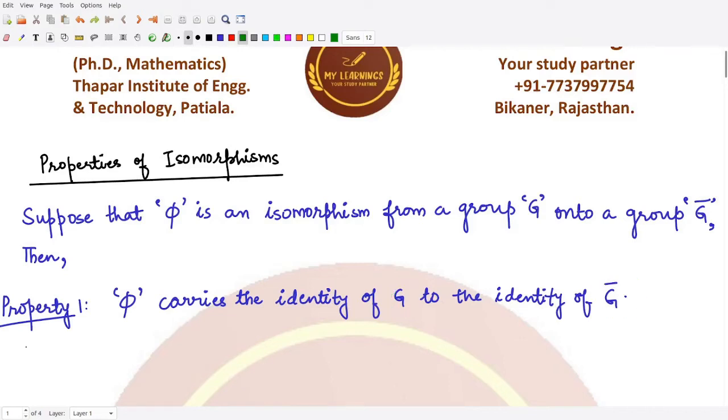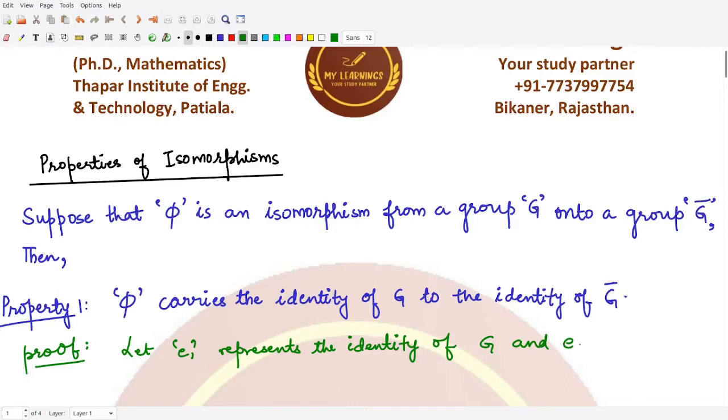So for the proof, let E1 represent the identity of G, and E2 represent the identity of the group G bar, correct? This is our assumption.